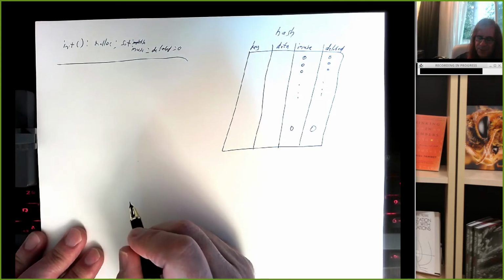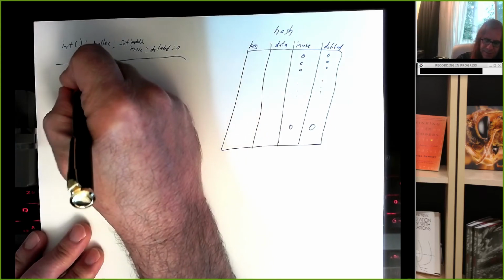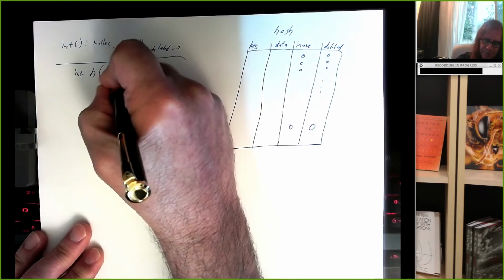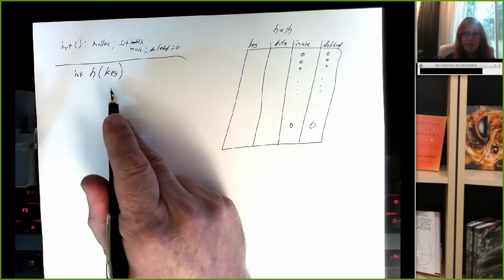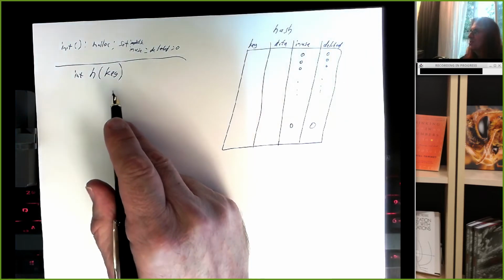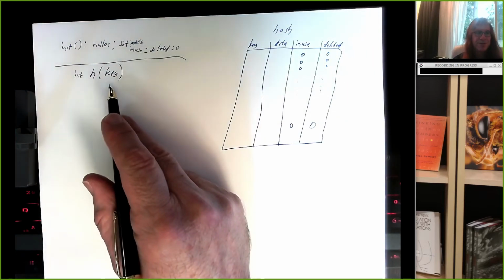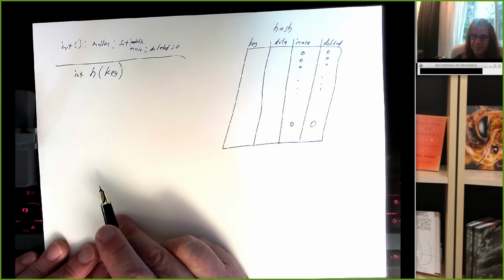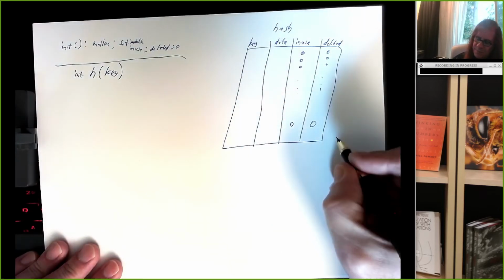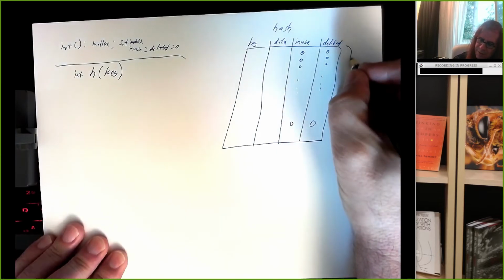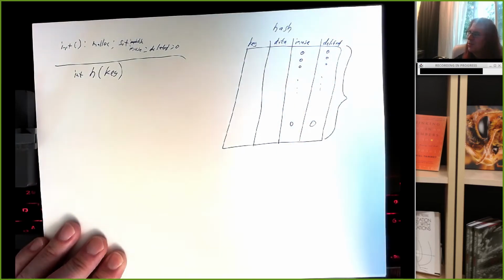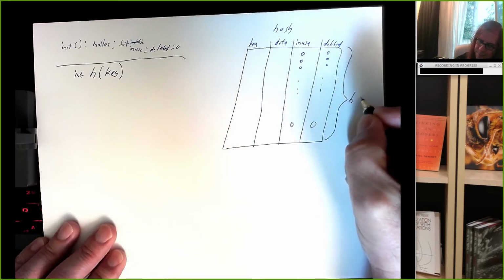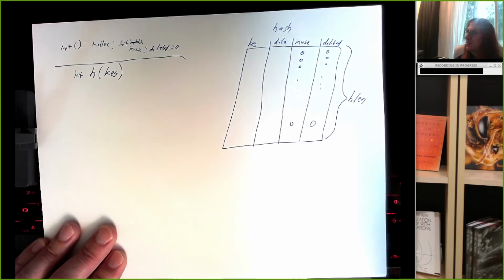And I'm going to suppose that we have a hash function h, which takes a key, whatever that is. I'm probably going to assume it's a string, but it takes whatever type of thing our keys are and returns an integer. And let's suppose that our hash has a length of hlen.